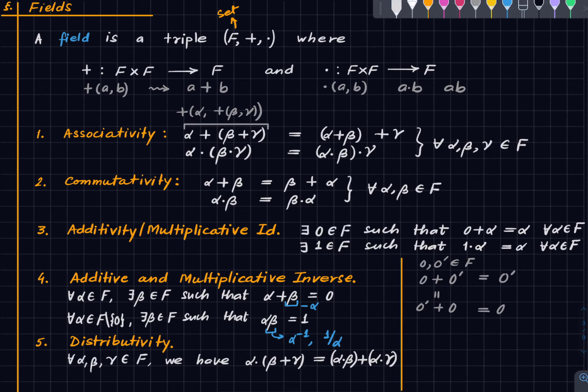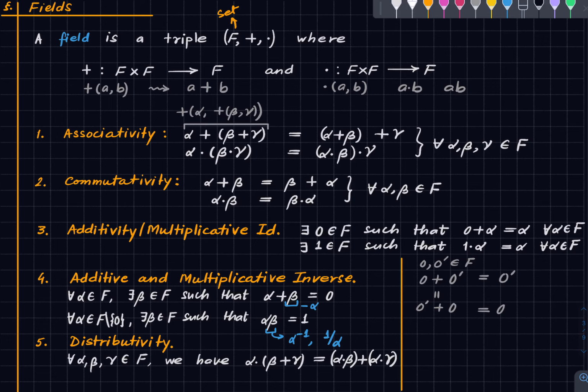And that's it. So a field is a triple where plus and dot are functions of this sort which satisfy these 5 properties. These 5 properties were already there with the rational numbers, but we have just extracted that out and put it as a template to work with in some sense.